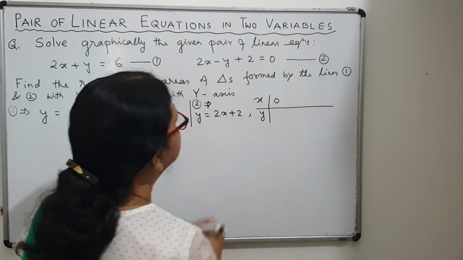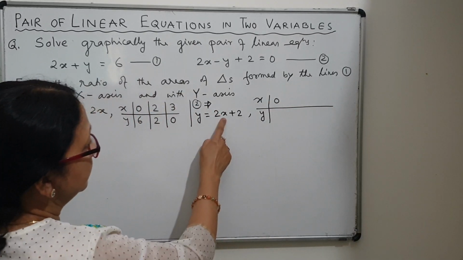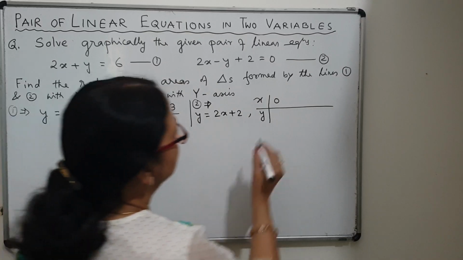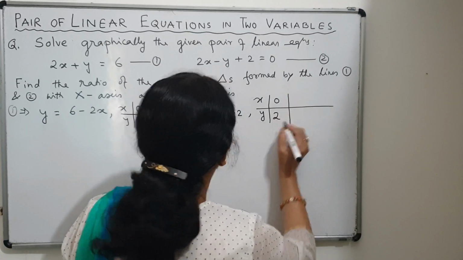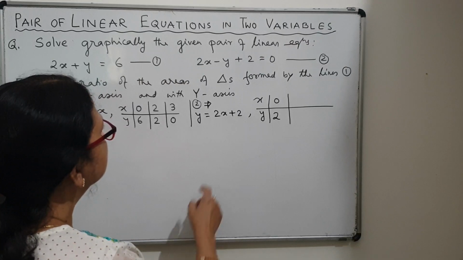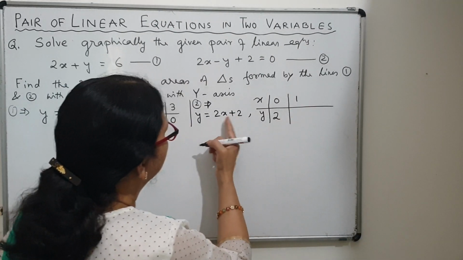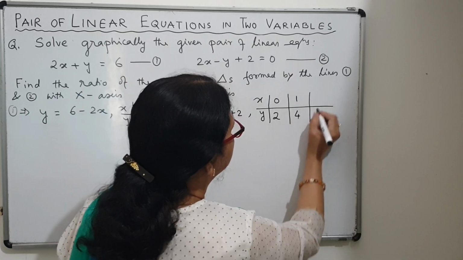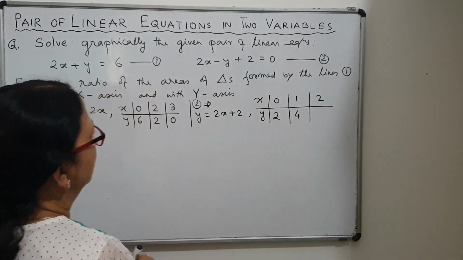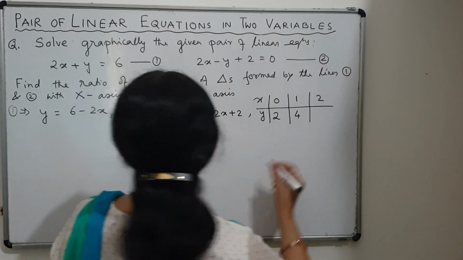If x is 0, put x as 0, so 2 is left, y is 2. If x is 1, then 2 plus 2, 4, and then take x as 2, 2 twos are 4, 4 plus 2, 6.